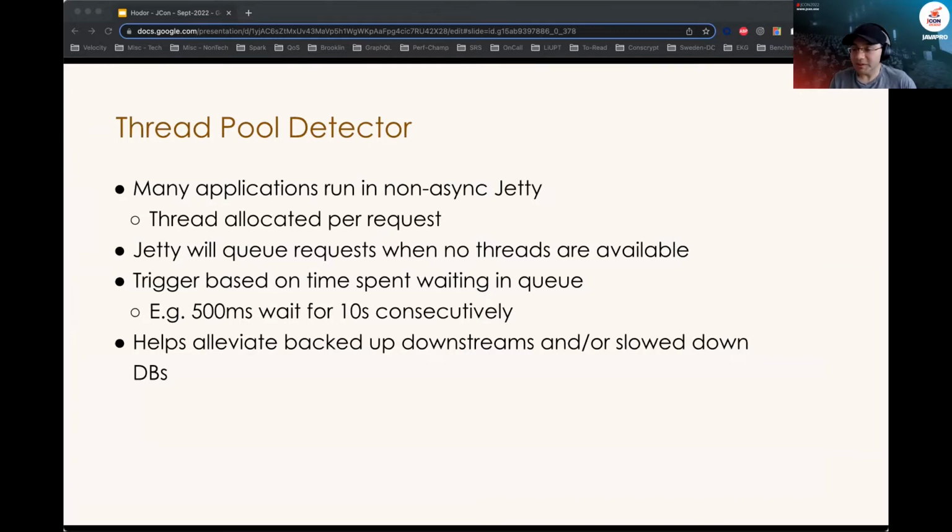For example, consider a synchronous service. Requests will start spending more time waiting in queue if current request processing time increases, right? Either due to an issue in the service itself or because there is an issue in one of its downstreams.